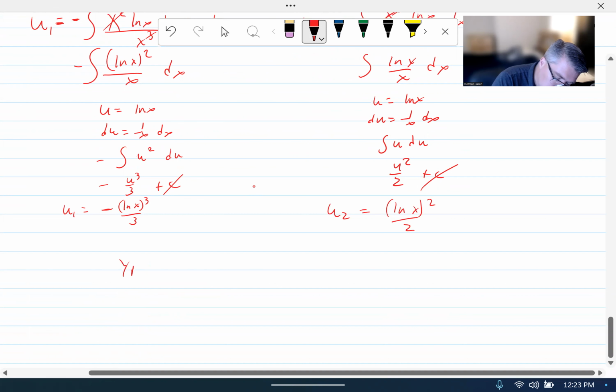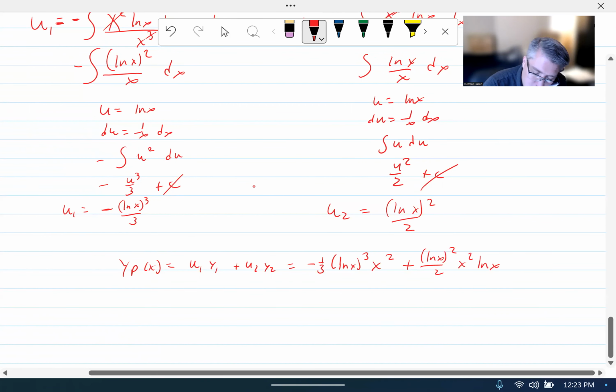Okay, so the particular solution is going to be u1 y1 plus u2 y2, which is going to be equal to negative 1/3 natural log of x cubed times y1, which was my x squared, plus natural log of x squared over 2 times x squared natural log of x.